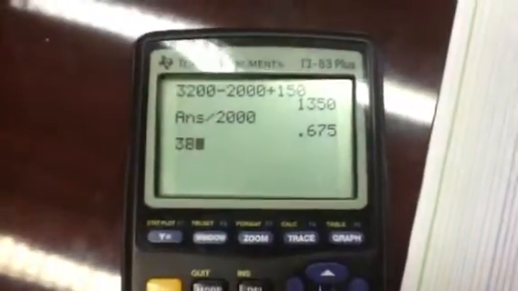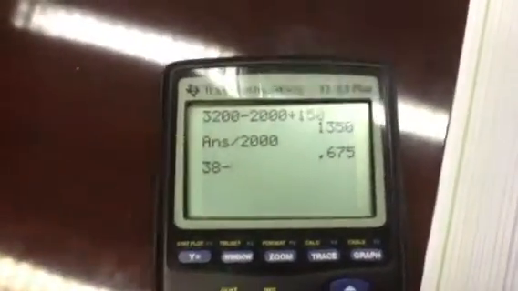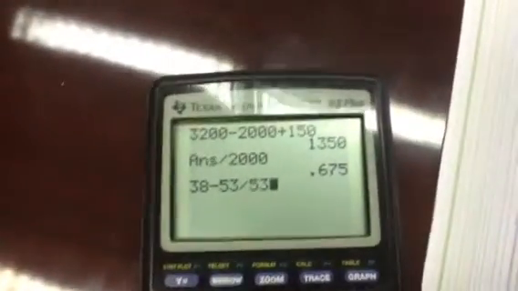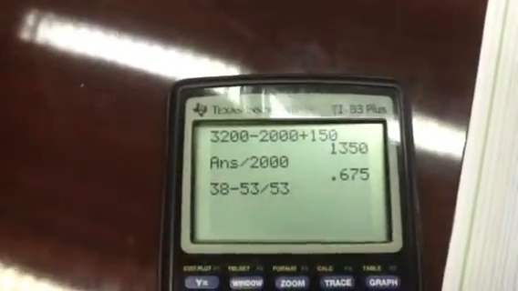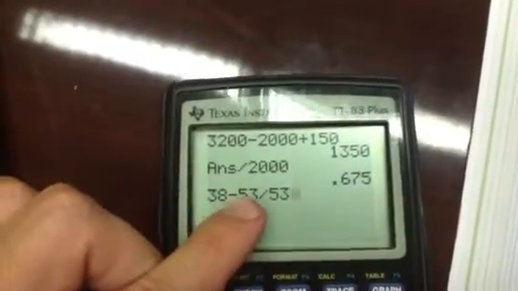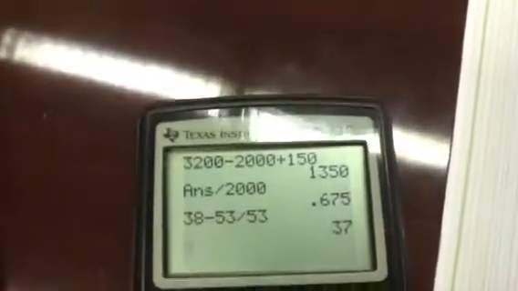So again, be careful. Don't do something dumb like 38 minus 53 divided by 53, right? Because your calculator does everything with order of operations. So if you put this in, the calculator is going to do 53 divided by 53 and do 38 minus 1 and get 37. Yeah, don't do that.